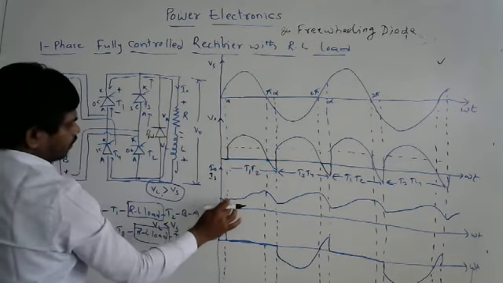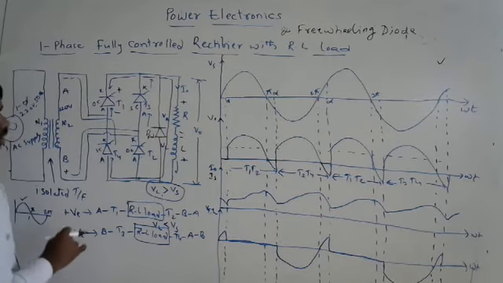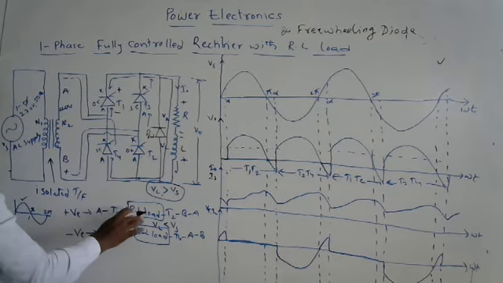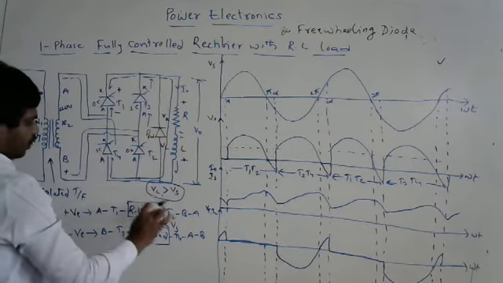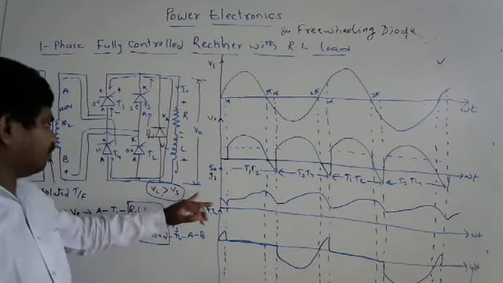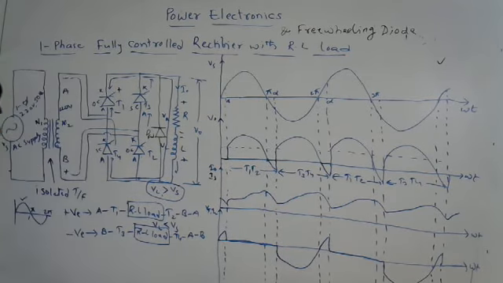Therefore, the current is like this, and voltage builds up across the load. For the positive half cycle of the input supply, the current path is A, T1, RL load, T2, B to A. So the same current flows through both supply and load. That's why the current waveform is the same for both output side and input side.